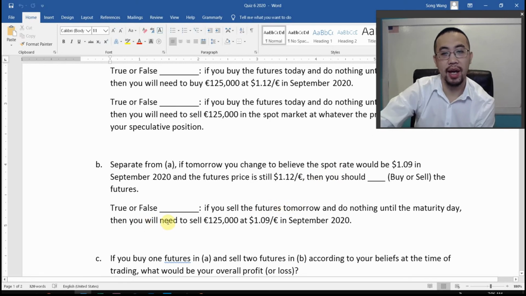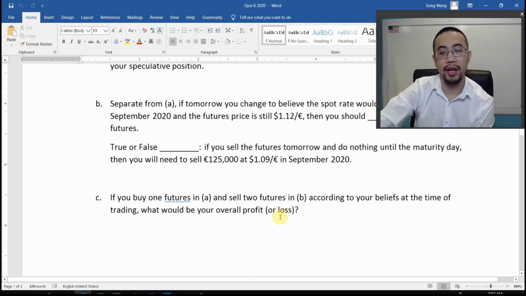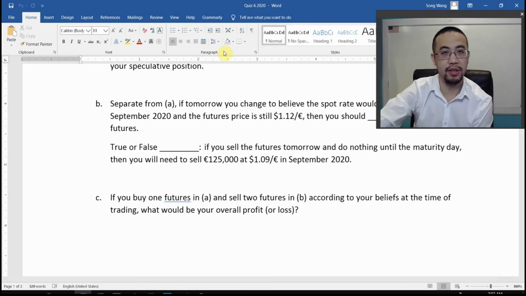When the time comes, you will be obligated to sell at 1.12, and you hopefully buy at 1.09. So this is about buying at 1.09 from the prevailing spot rate, and then simultaneously selling at 1.12 at the futures rate. So this is false. Okay, and I saw people did pretty well in the profit calculation, so that's a good part.